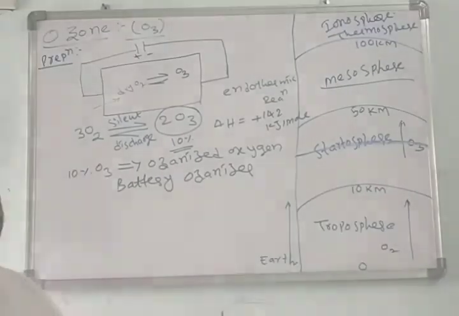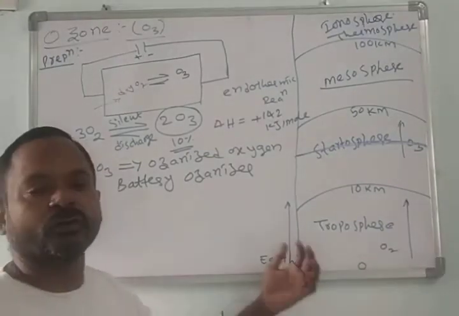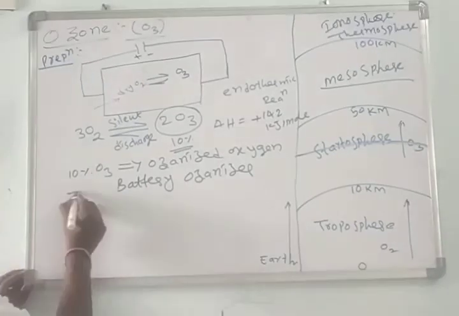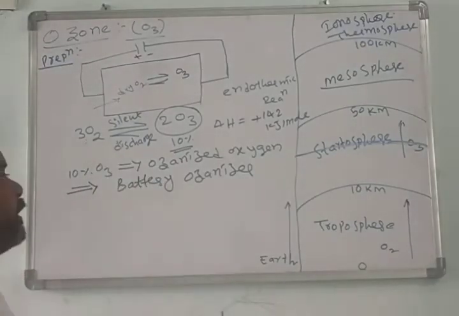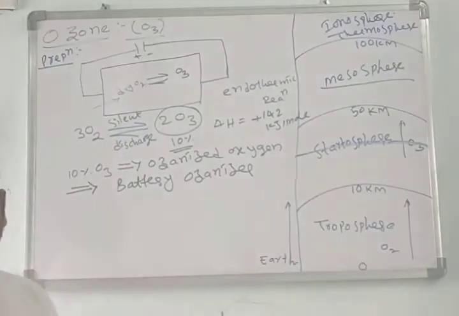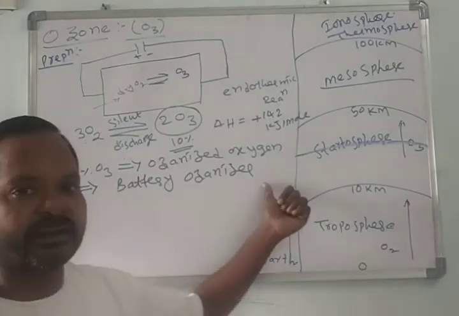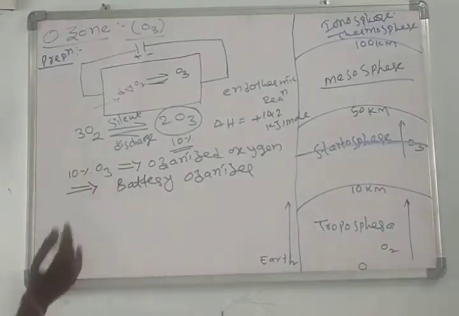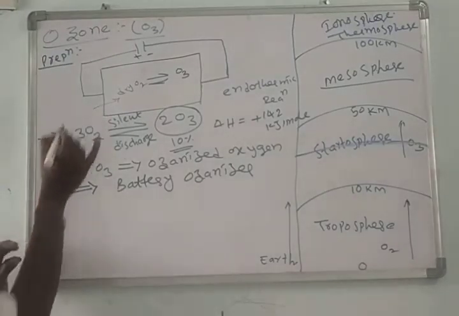How will we prepare more than 10% ozonized oxygen or ozone? By using battery ozonizers. This is the simple preparation of ozone.